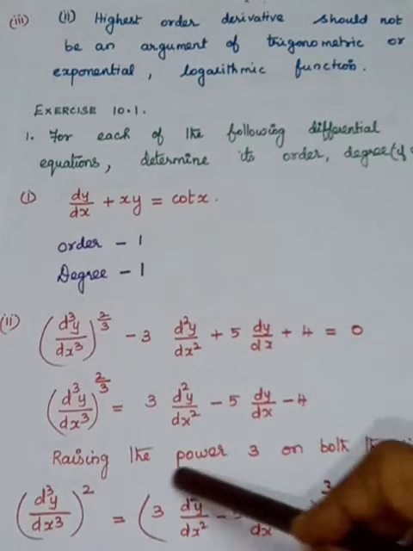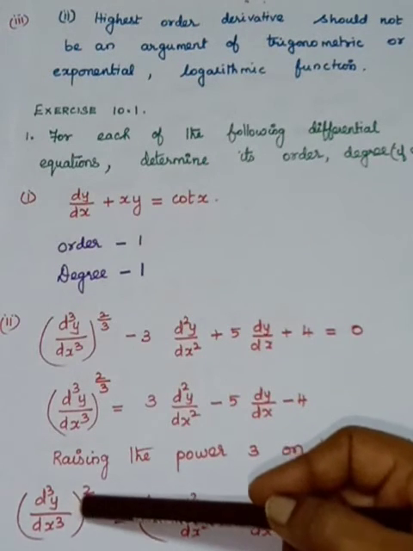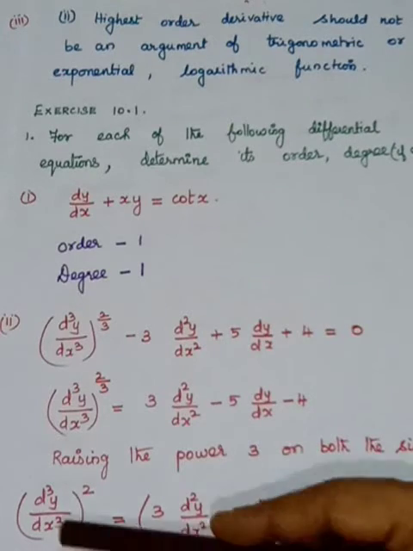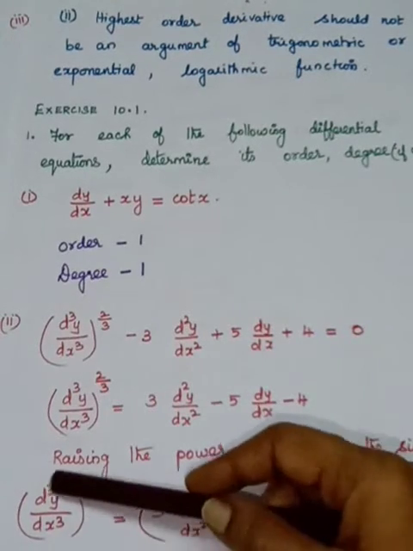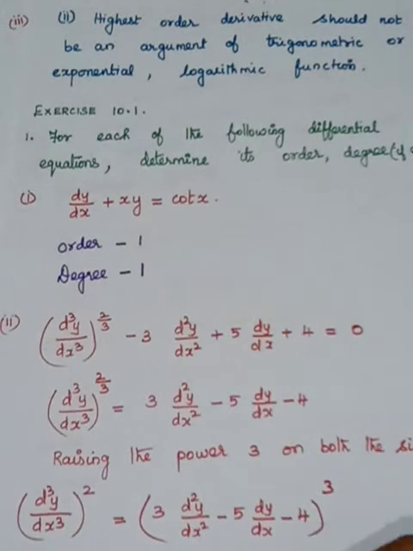In that, what are the derivatives involved? dy by dx, next d squared y by dx squared, and the third one d cube y by dx cube. Three derivatives are involved. Among them, which is the highest order derivative? That is d cube y by dx cube. Therefore the order of the differential equation is 3.